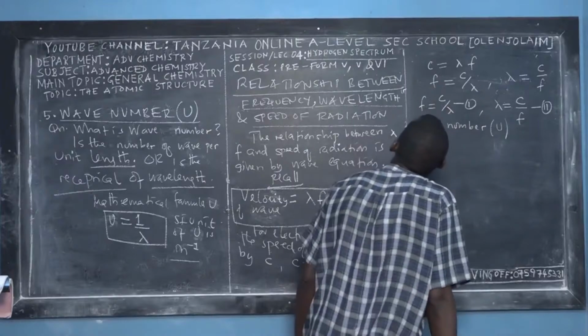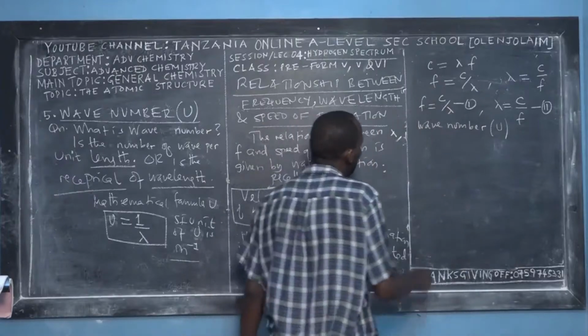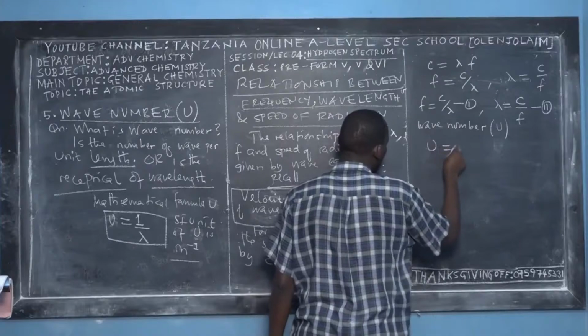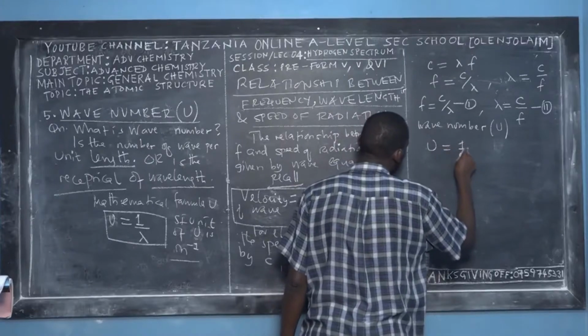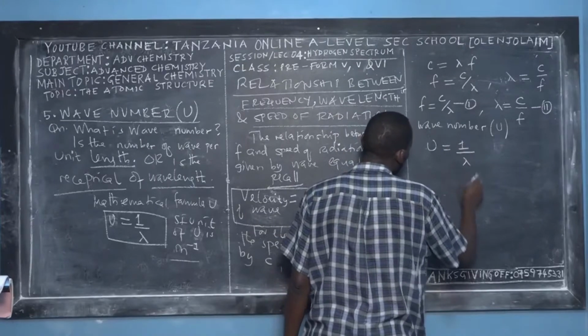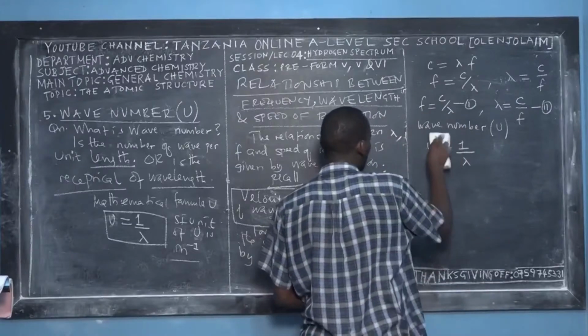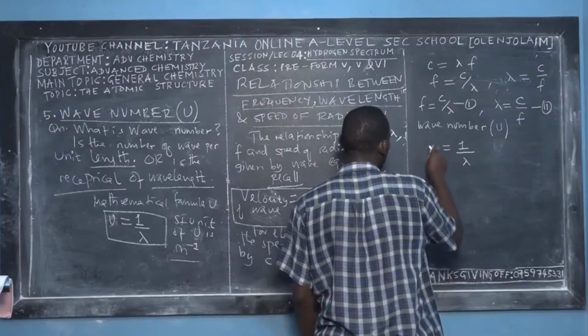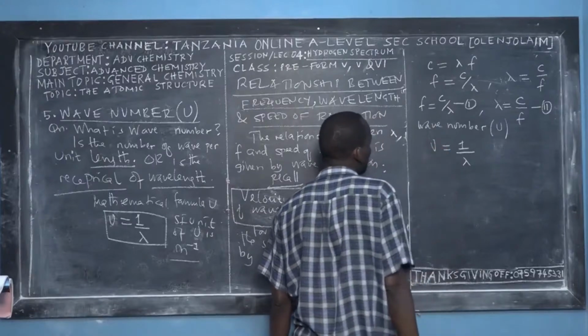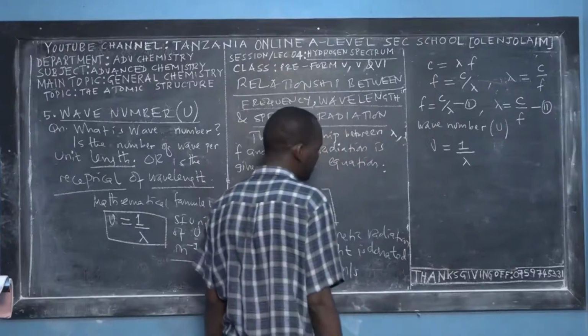The wave number is the reciprocal of wavelength. So wave number is a reciprocal of wavelengths.